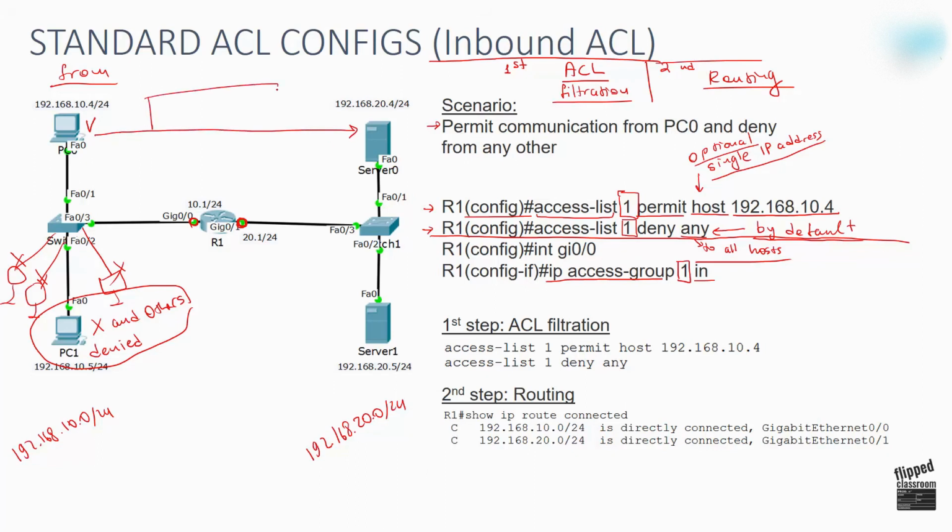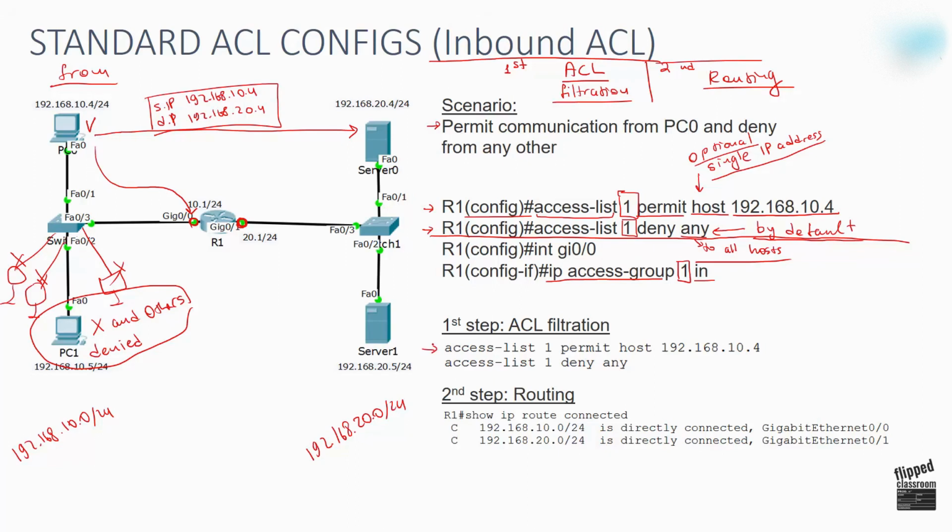And inside our packet we have source IP and destination IP, where the source IP is going to be written as 192.168.10.4. The destination IP is going to be 192.168.20.4. So when this packet comes in to the interface, due to the fact that we made the configuration of inbound ACL, our first job will be ACL filtration, and the packet will be filtered.